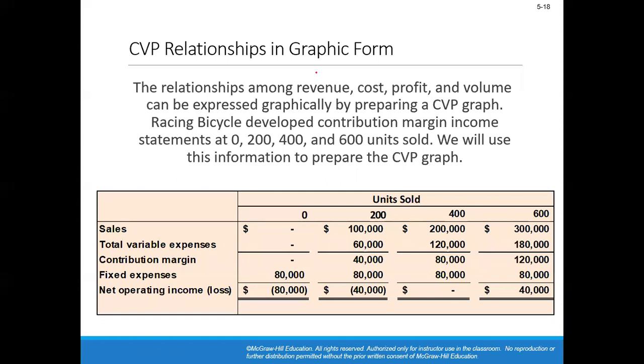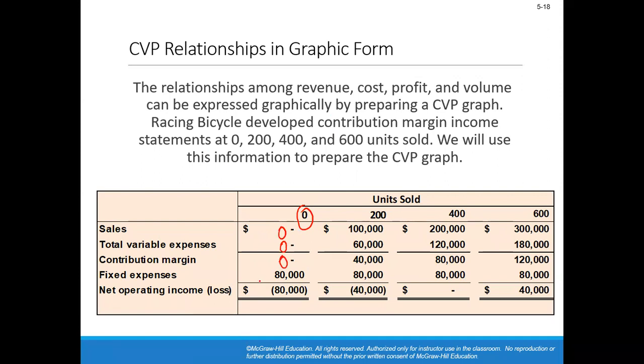The understanding of these numbers is critical to draw a graph. You see, if the sales is zero, I mean the bicycle sale is zero units, what will be the variable expense and what will be the sales value in dollar terms? It will be zero. Okay, and contribution margin will be nothing.